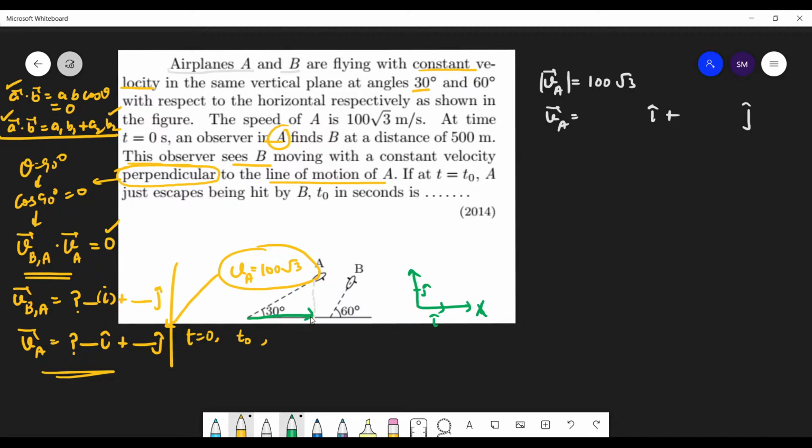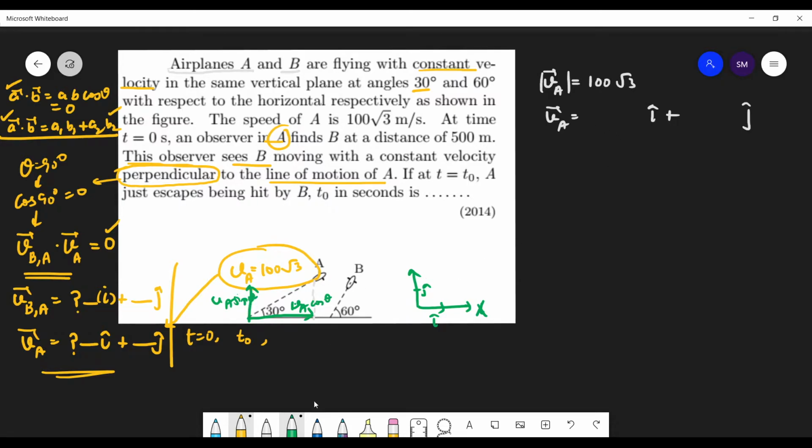This horizontal component is the adjacent component and the hypotenuse is 100 root 3, so this component is VA cos theta, and this component is VA sin theta.